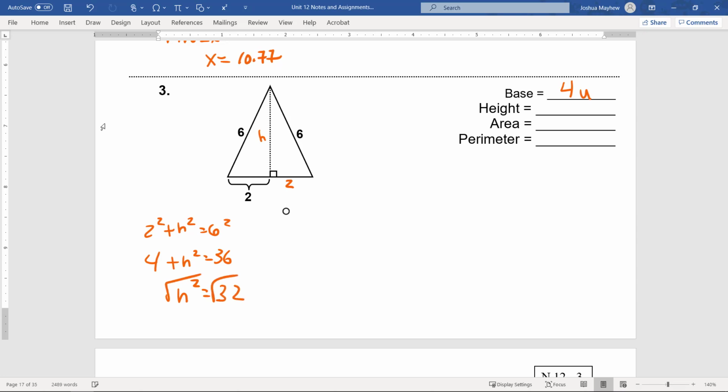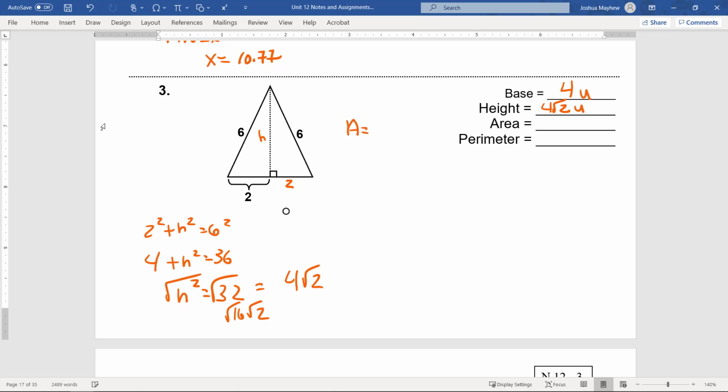Take the square root of 32. That'll give us a height of 4 square roots of 2. That's the square root of 16, square root of 2, square root of 16 is 4. So the height is 4 rad 2 units.